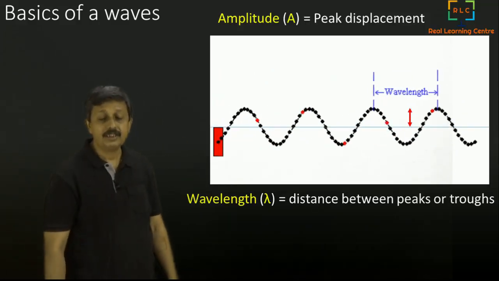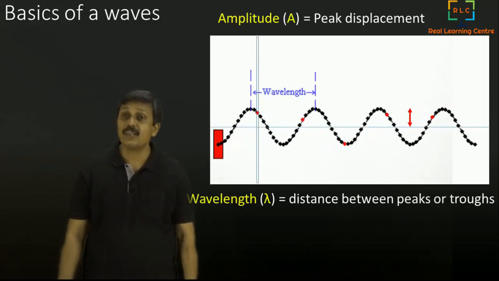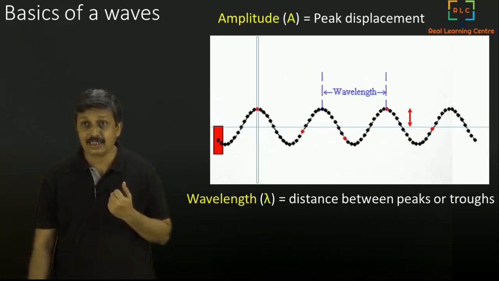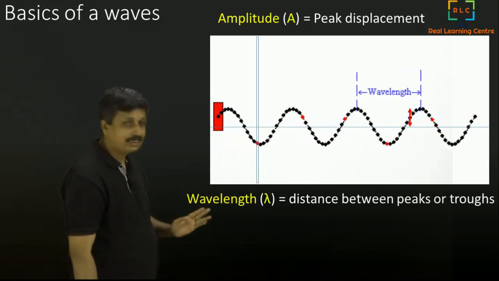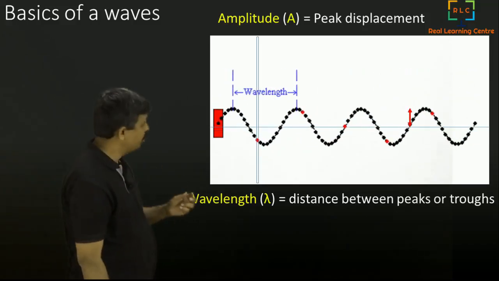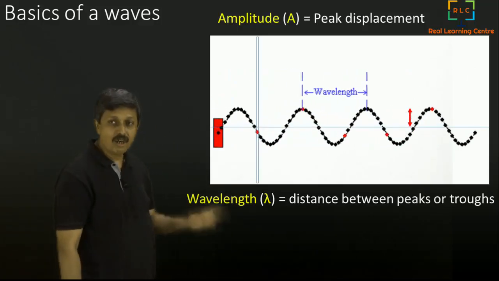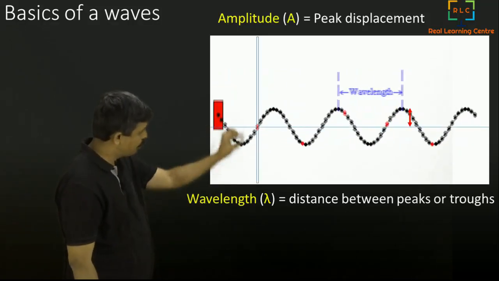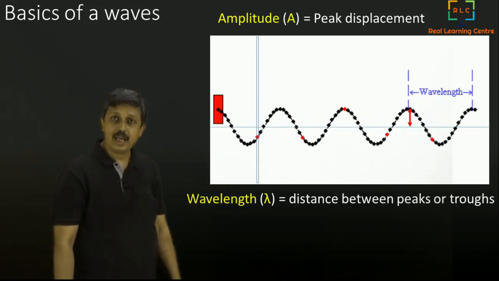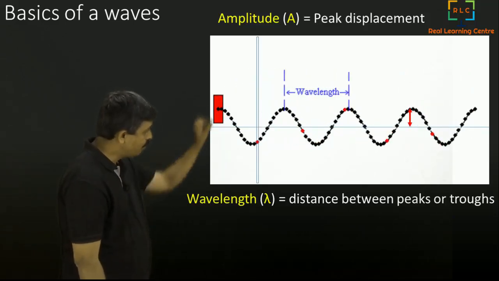Then you have one more parameter. Let's understand what is the time period of the wave. Let us consider one single particle, one bead, and I am putting a line here to show which bead to watch. If you carefully watch this bead, it is just going up and coming down, up and down. What I am going to do is take a stopwatch and find out how often it goes up and comes down.